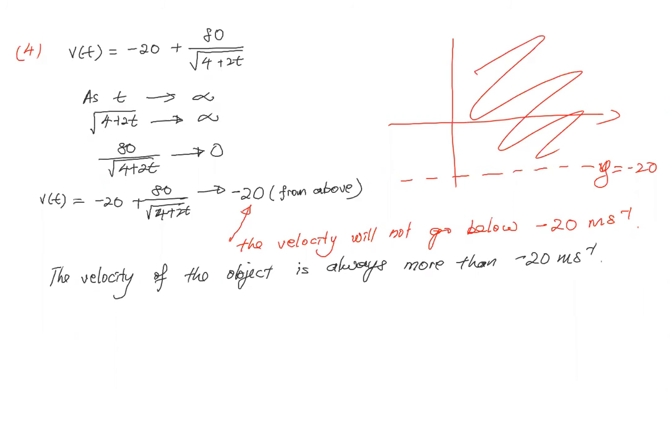So I have answered part 4. Are you clear? That is the way you answer. Okay, number 5: find the time and the position of the object when it reverses direction. For part 5, we can get the answer from part 1.